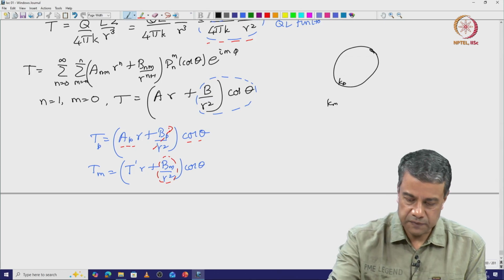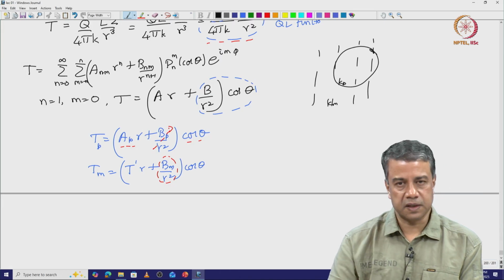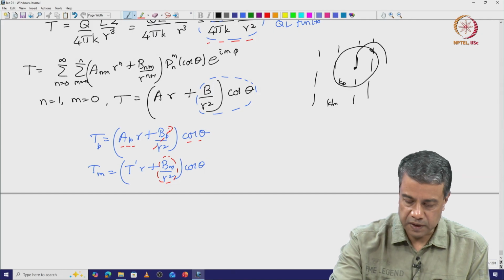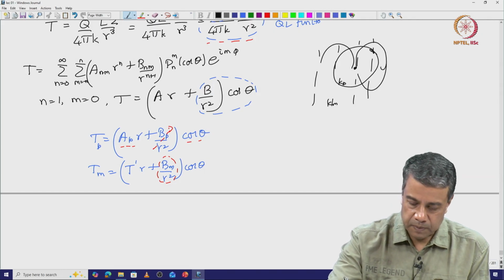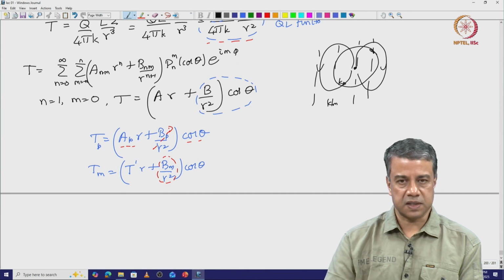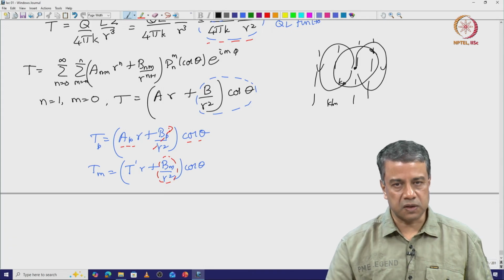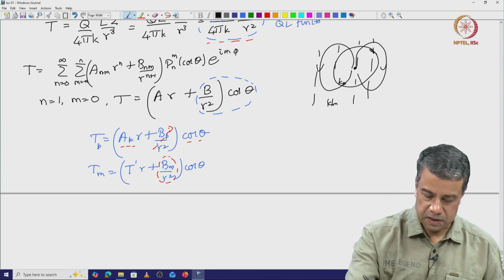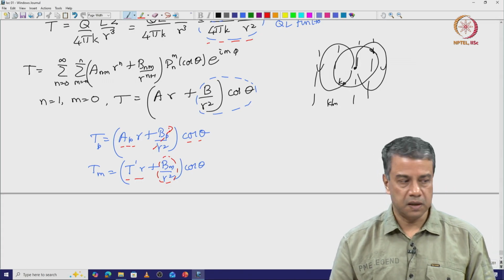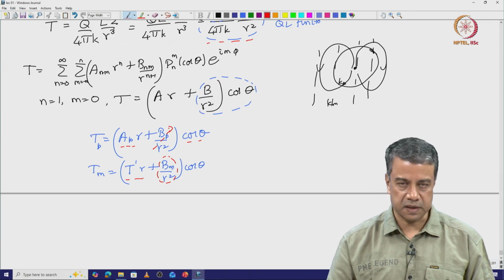The heat flux lines in the undisturbed case look something like this. On top of that, we had added on a dipole field in such a way that the boundary conditions were satisfied. So the matrix temperature was basically the temperature due to a constant temperature gradient, that is this first term here, plus a dipole at the center of the particle in order to ensure that the boundary conditions at the particle surface are satisfied.